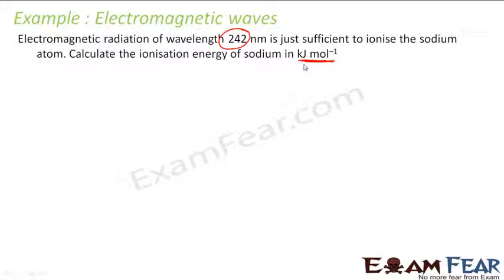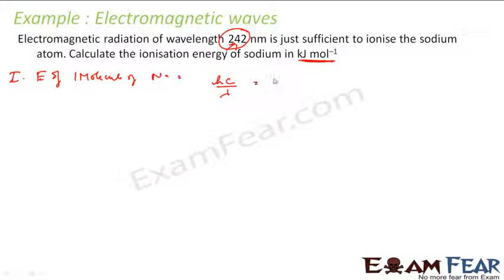That's the only difference here, because the wavelength is given. I can find the energy very easily. Correct? See, the ionization energy of one atom of sodium will be hc by lambda.